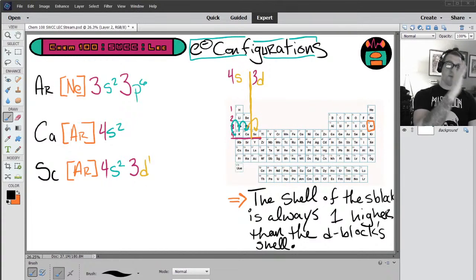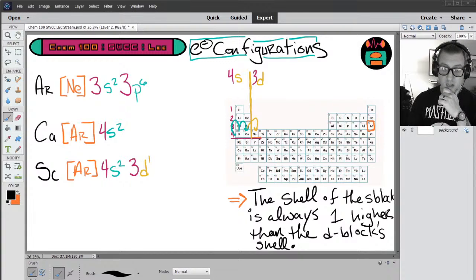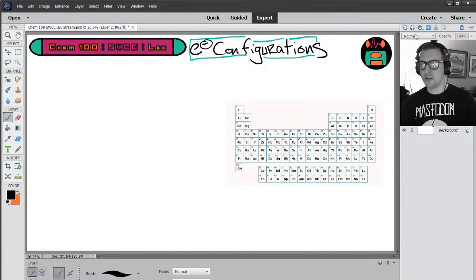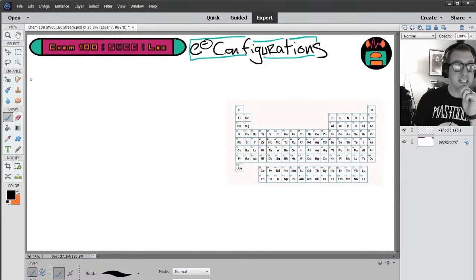When you're crossing from the S block into the D block, you always drop your energy level by 1. All right, so let's do a few more examples. Let's write the electron configuration and orbital diagram for each of the following.